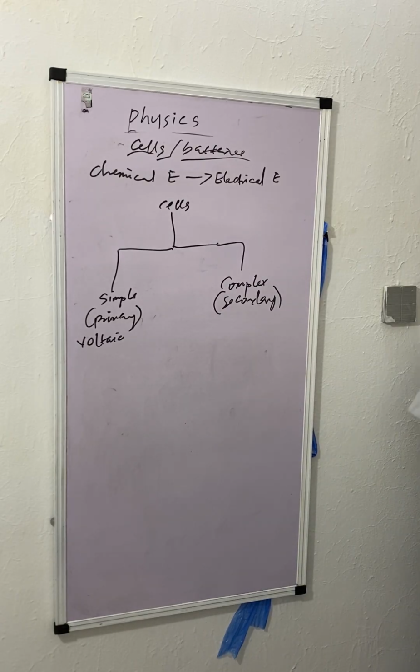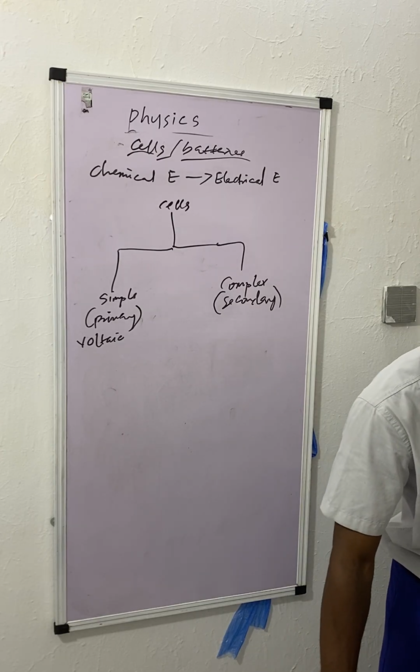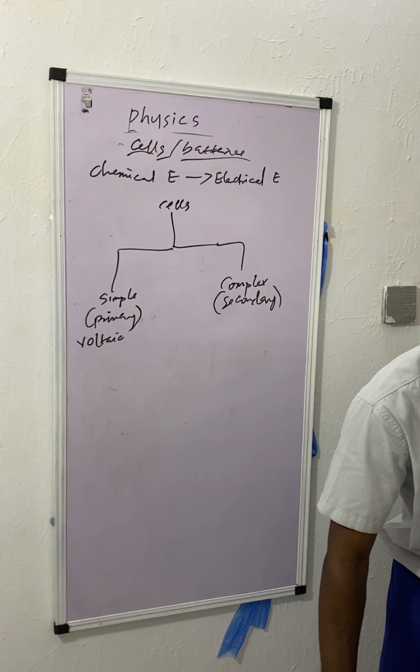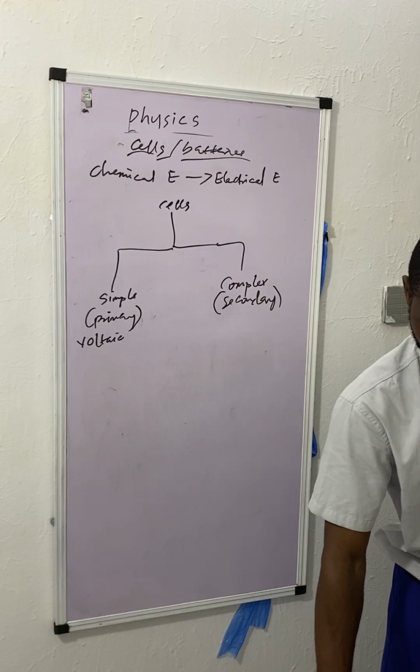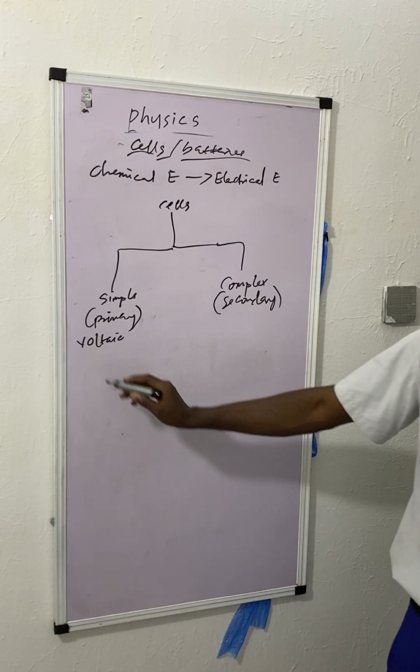In the simple voltaic cell, we have various cells like the zinc copper cell.